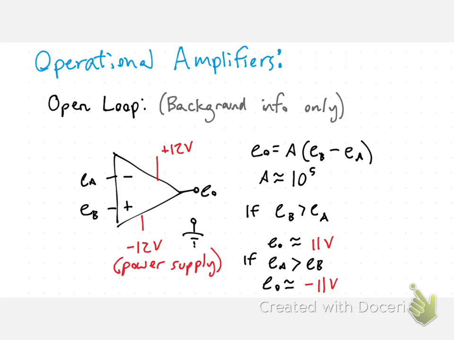And that's not very useful to us, which is why we're going to use them in a closed loop system. Another thing for the specific device is that there's going to be internal resistances inside, and we're going to just assume that they're infinite because they're going to be really large. You'll learn more about that in M&I, so we won't worry too much about it here.